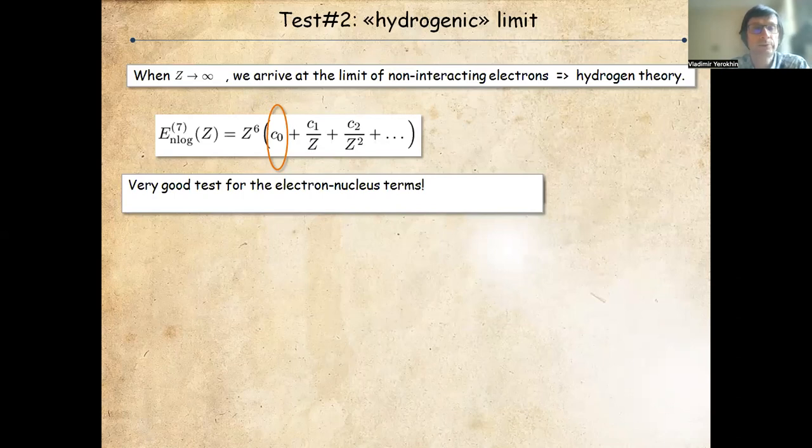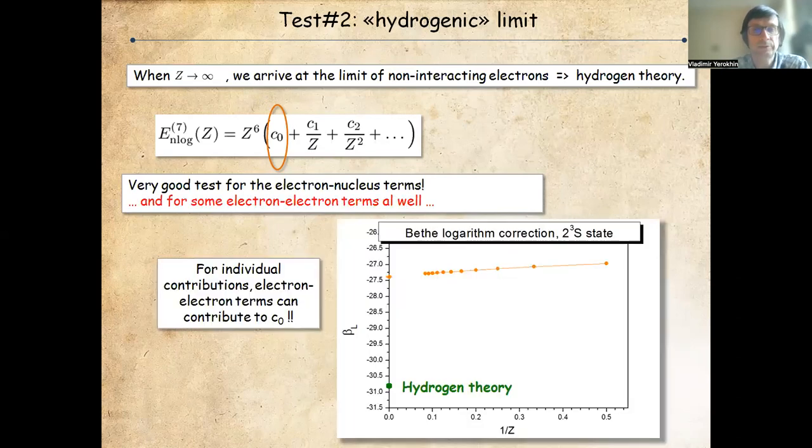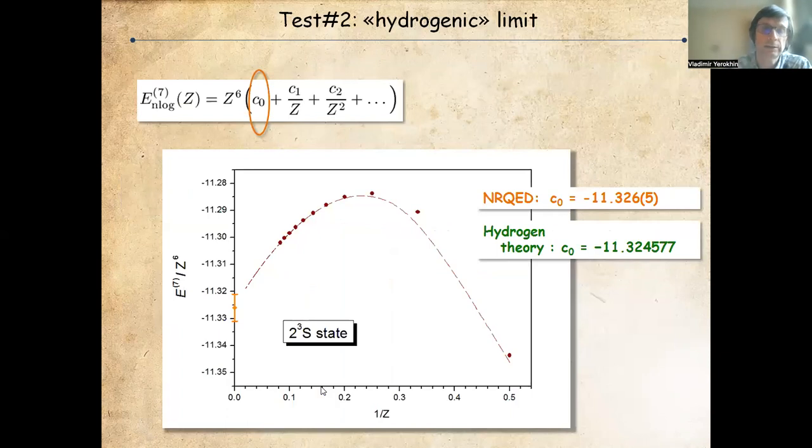So if we do this for individual terms, we see some significant disagreement, but when we collect all parts together, we see a very convincing agreement with hydrogen theory.